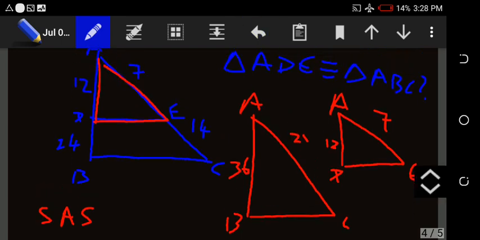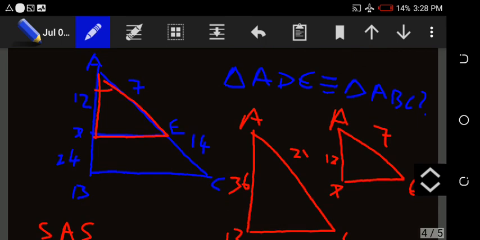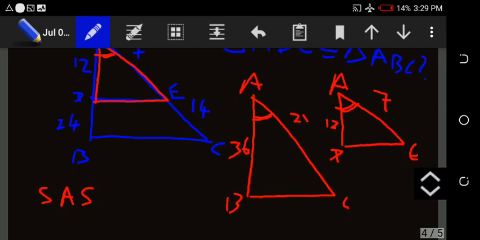Now when you go back to the original shape, the angle here at A is common to both the bigger triangle ABC and also the smaller triangle ADE. In other words, we can boldly make the claim that these two angles are equal, no matter what the value is. We don't know what the value is, but the angle A in the bigger triangle is equal to the angle A in the smaller triangle. All right, so that's the first case, that they have the angles equal.